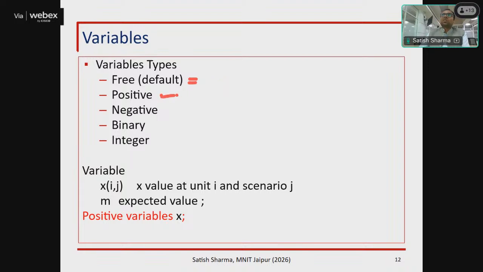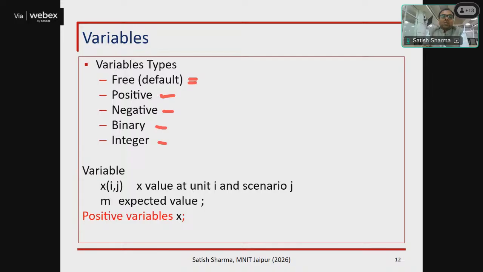Positive variables are only positive, negative variables are only negative, so they cannot have positive values. Binary variables can have only 0 and 1, and integer variables can have only 0, 1, 2, 3, with no fractional part. So these are the different types of variables which we can define.